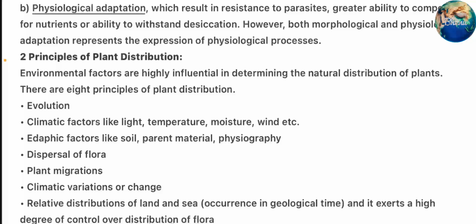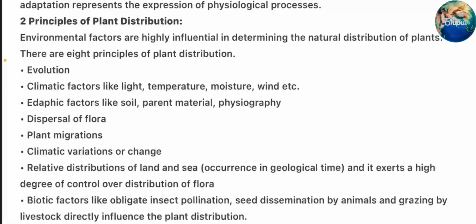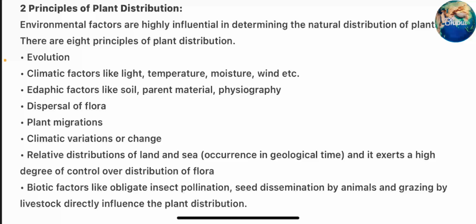Next, principles of plant distribution. Environmental factors are highly influential in determining the natural distribution of plants. There are 8 principles of plant distribution. Evolution. Climatic factors like light, temperature, moisture, wind. Edaphic factors like soil, parent material, physiography. Dispersal of flora.